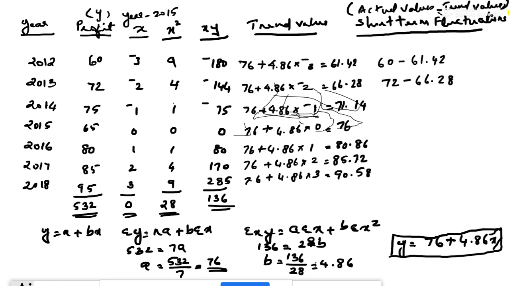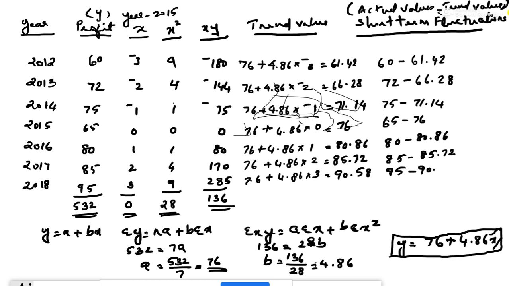Then third year actual value 75 minus trend value you calculated, that is 71.14. Then next 65 minus 76, then 80 minus 80.86, then 85 minus 85.72, and finally it is 95 minus 90.58.